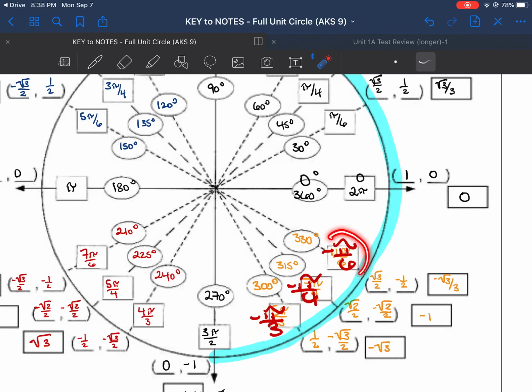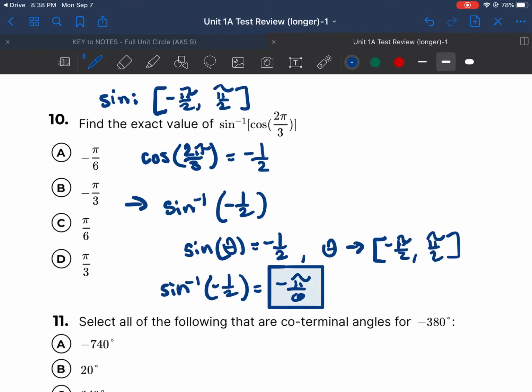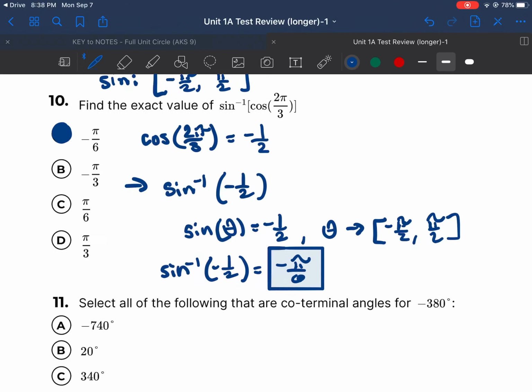Here's the negative 1/2. It's happening at negative pi over 6. So what that means is that the inverse sine of negative 1/2 equals negative pi over 6, which for me is answer choice A.